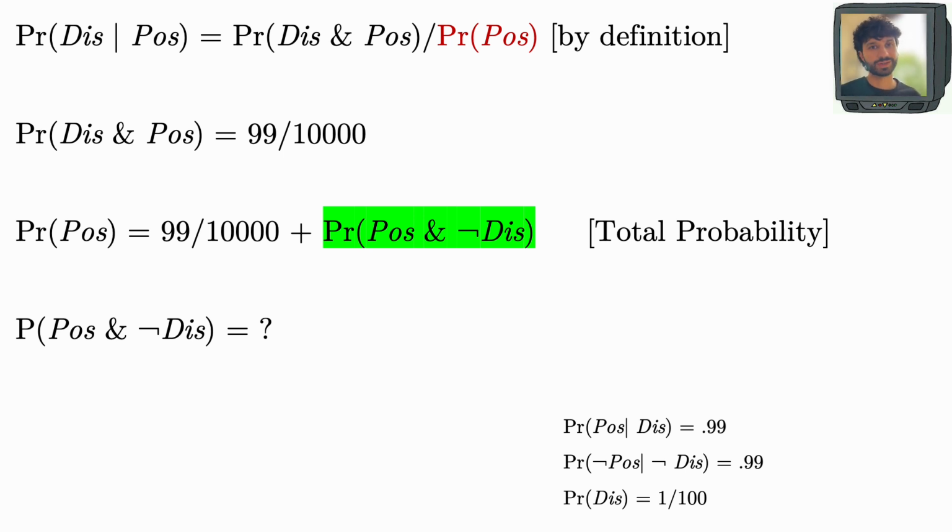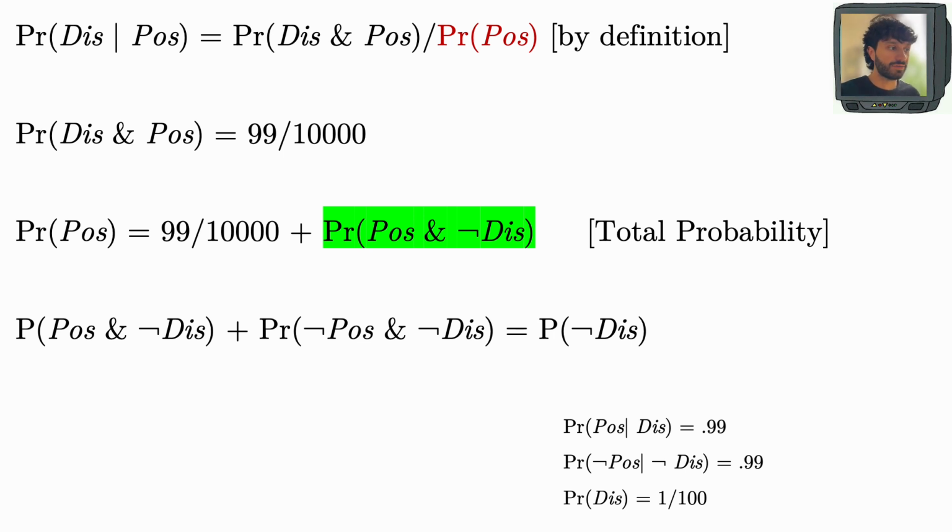So when you're doing the exercise, you might have tried out a few different methods. But here's one where we actually are going to add the probability of testing positive and not having the disease, which is what we're trying to find, plus the probability of not testing positive and not having the disease.